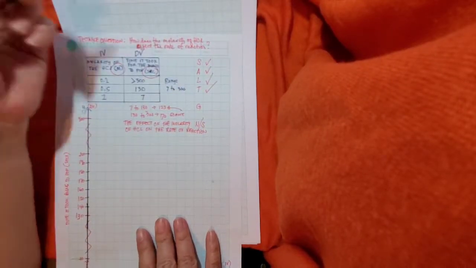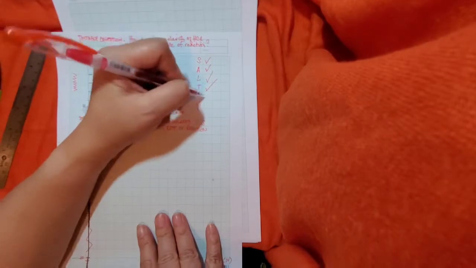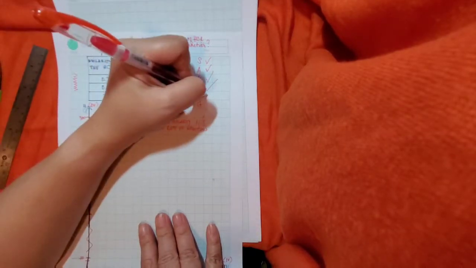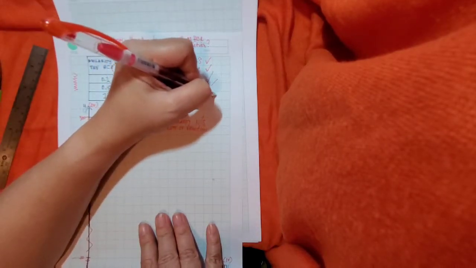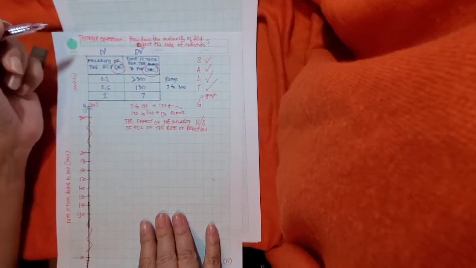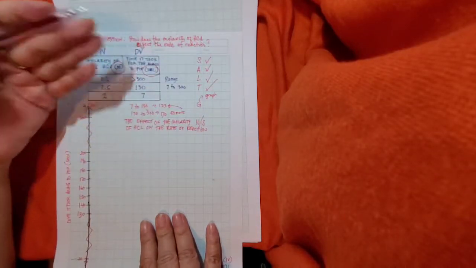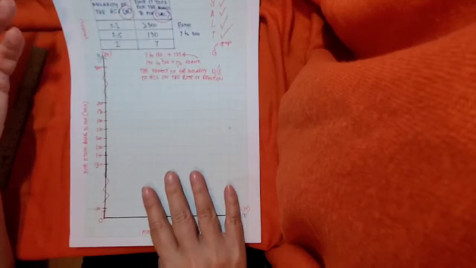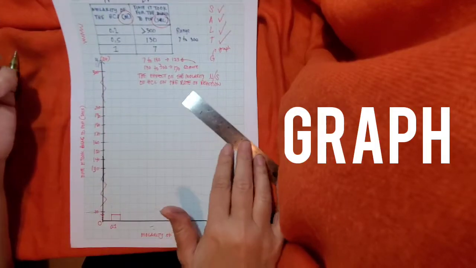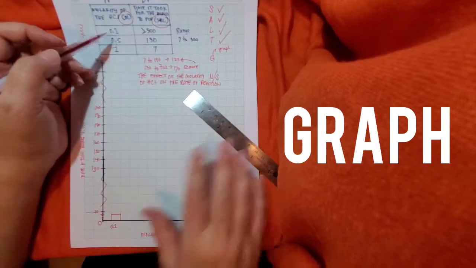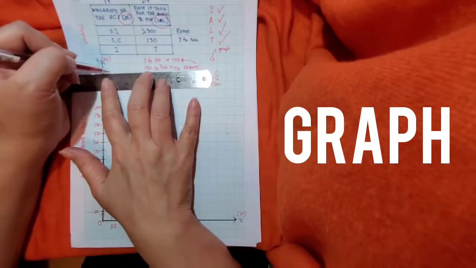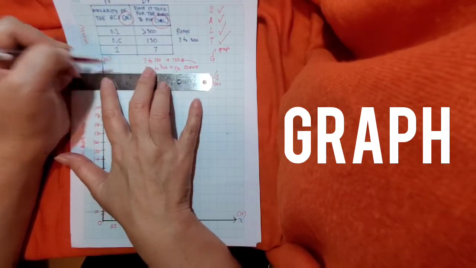Okay, now what is the G? The G is if you use the appropriate graph, and did you draw it properly? Okay, so we start here. Point 1 is all the way here.